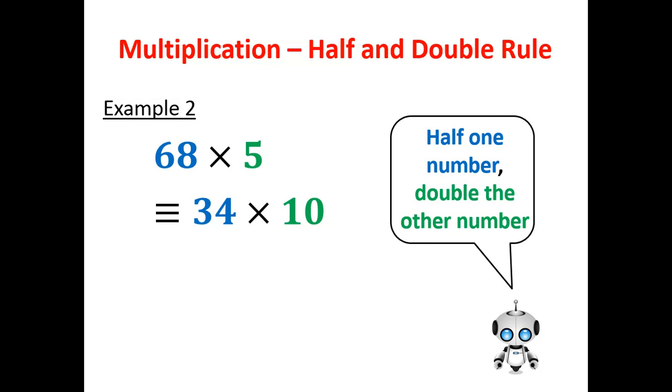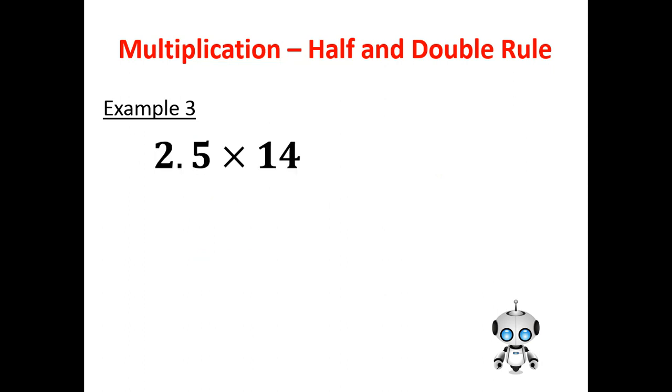The reason why I did this, because I like multiplying by 10, it's quite easy. So now 68 times 5 is equivalent, those three lines means equivalent, to 34 times 10. Now 34 times 10, that's easy. 34 times 1 is 34, and I add a 0 to make 340. So 68 times 5 is equal to 340.